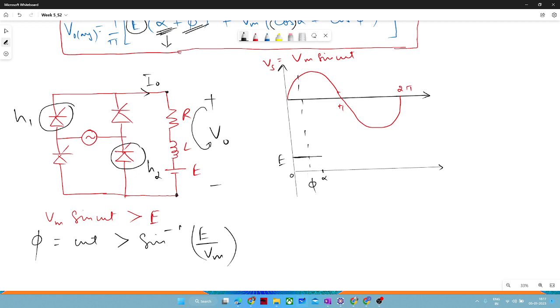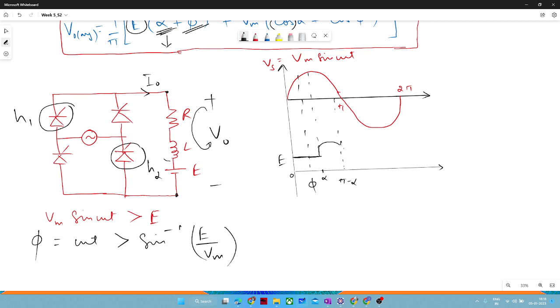It will again follow the supply voltage, so this is again alpha, till at least pi minus alpha. Let us suppose this is pi minus alpha. It has followed till pi minus alpha.